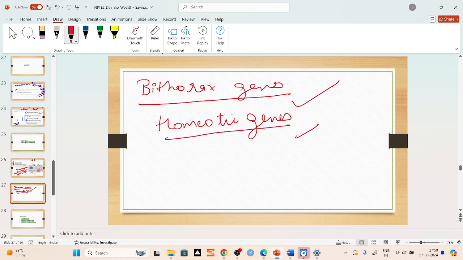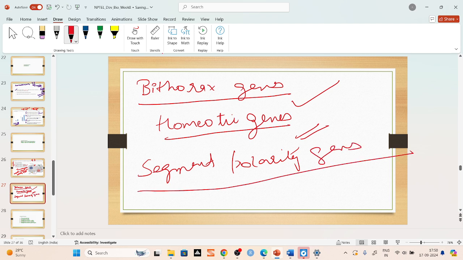That means these genes are present downstream of the segment polarity genes. So, after segment polarity genes give polarity to each segment, then your homeotic genes come into function.